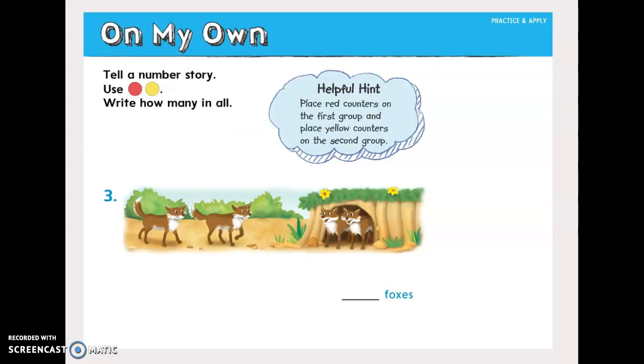Okay, now you're going to turn the page, so you're going to work on page 13. This first problem should look just like mine. At the top of this page, it says, on my own. So now it's time for you to practice what we were just learning. So you're going to tell a number story, use counters, and write how many in all.